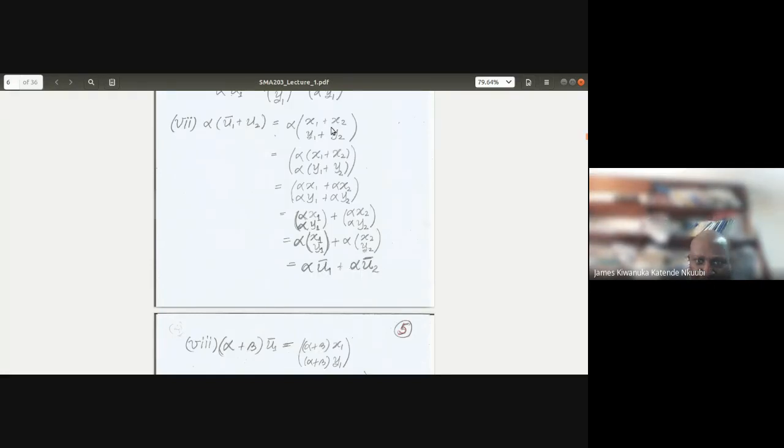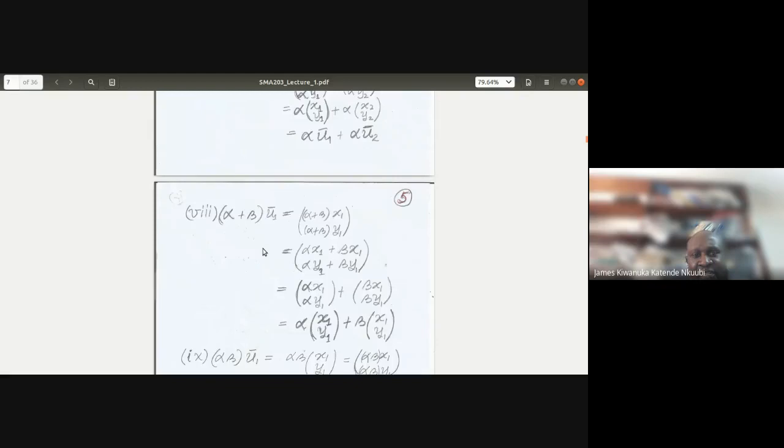You can follow these computations and you will see how we end up with this. So this tells us that this scalar multiplication is distributive over vector addition.